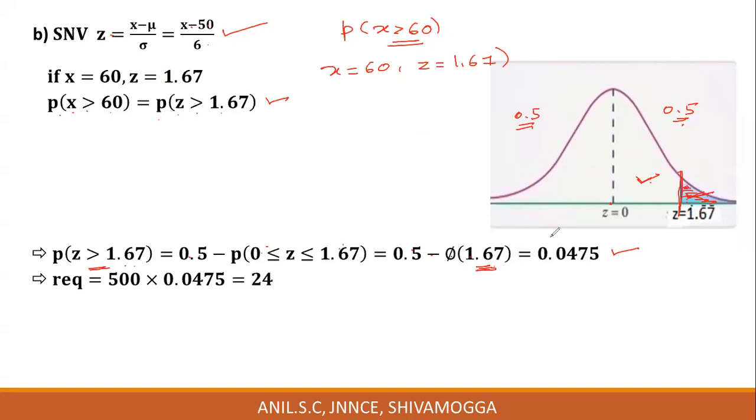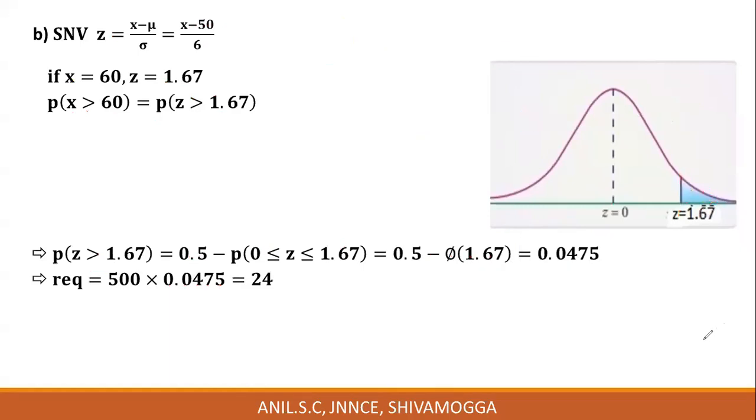And there are 500 such students. Therefore, multiply this quantity by 500. You get 500 into 0.0475, which is equal to 24. So please make a note of this.